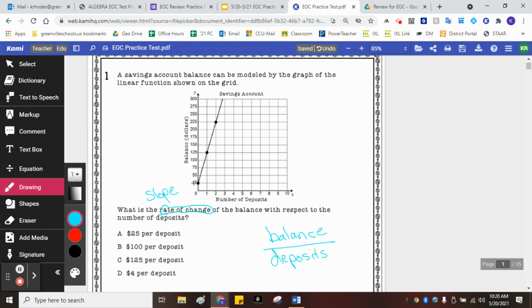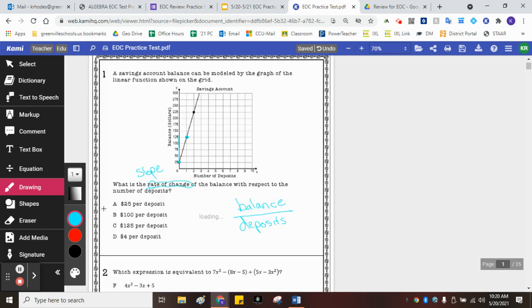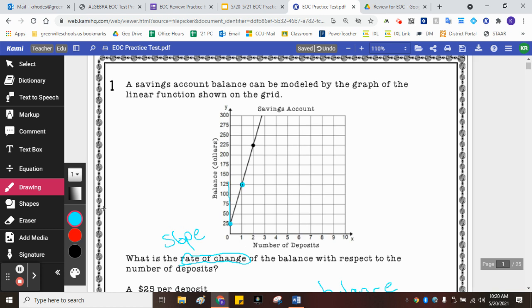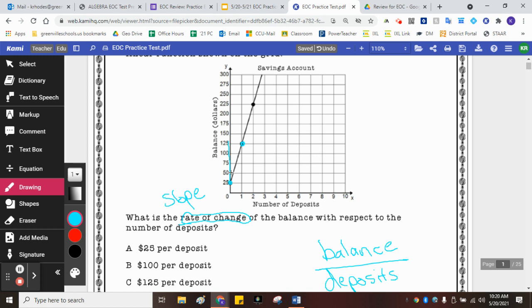So we need to find our slope. Rise over run. How far up from one point to the next do you go? It doesn't matter which points you choose. I'm going to choose just the first 2 points, make it easy. I go up 1, 2, 3, 4, but we're not counting by ones, so be careful. I'm counting by 25: 25, 50, 75, 100.